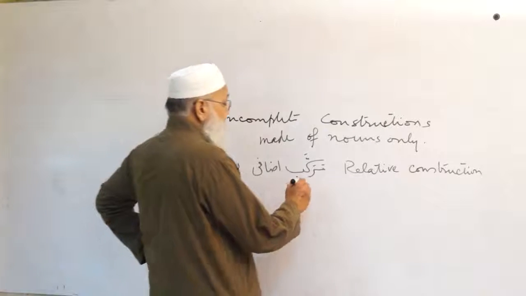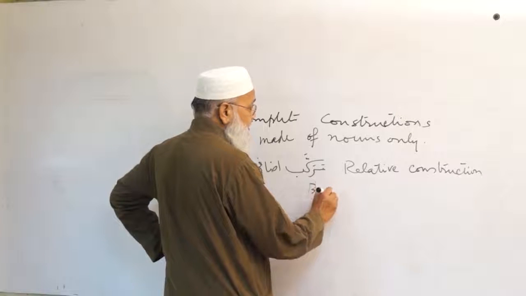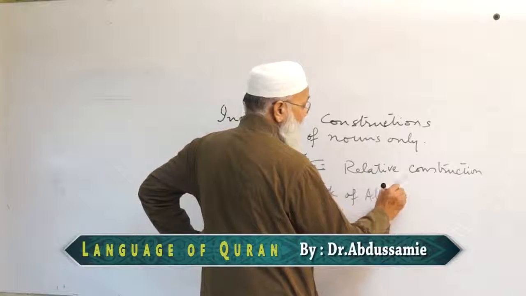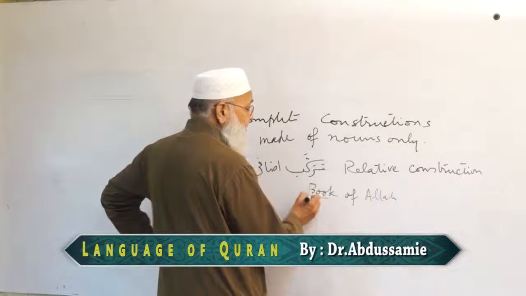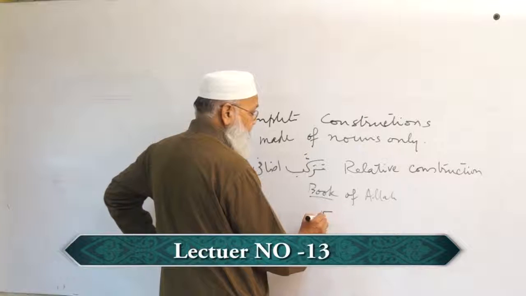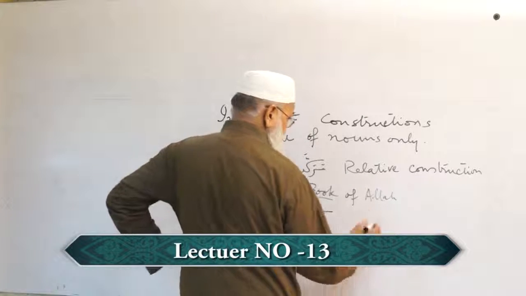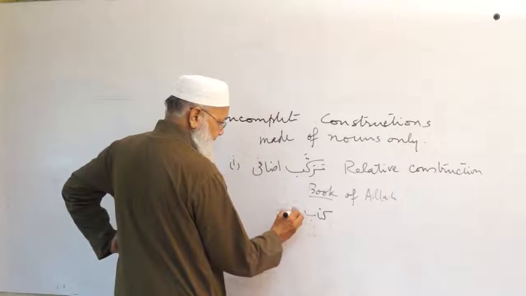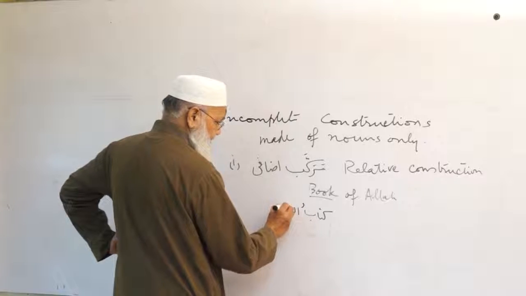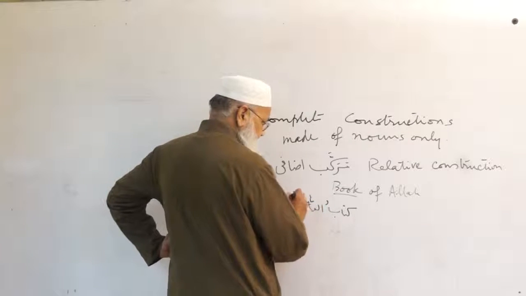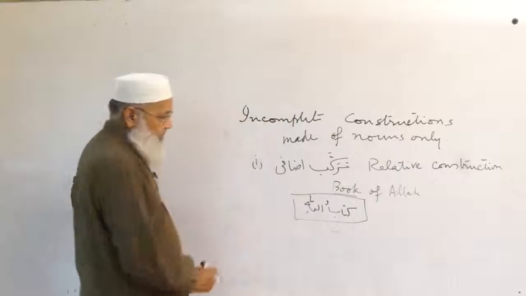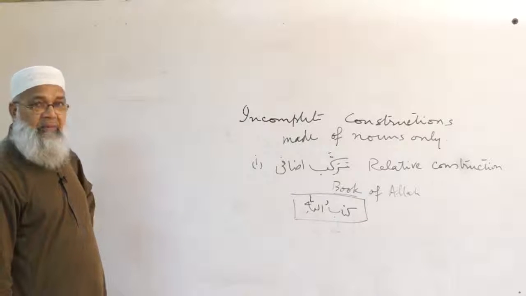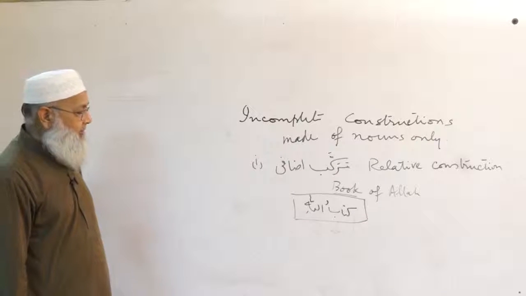For example, Book of Allah, subhanahu wa ta'ala. So book is kitab and Book of Allah in Arabic will be called as Kitabullahi. So this is a construction made of two nouns, but it's an incomplete construction because it doesn't convey any meaning.